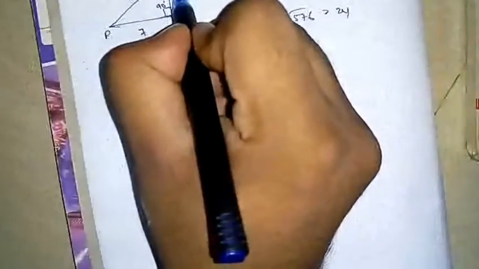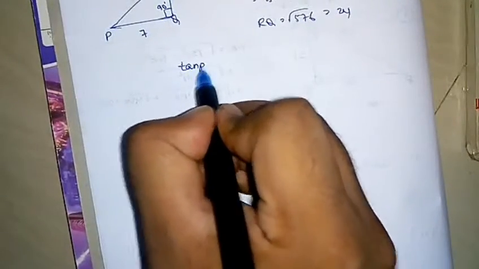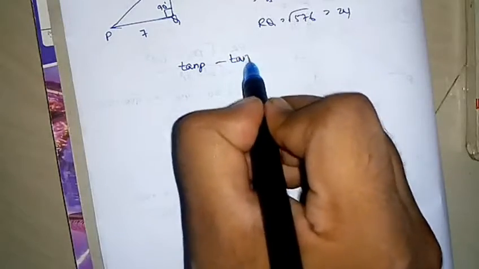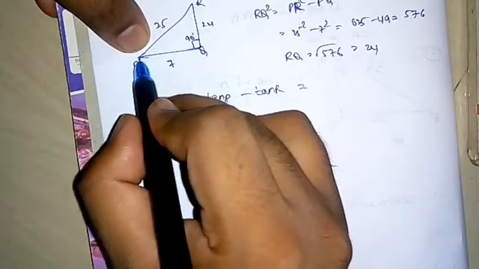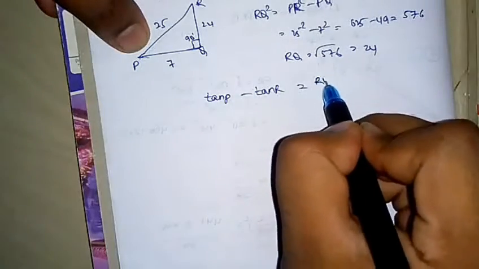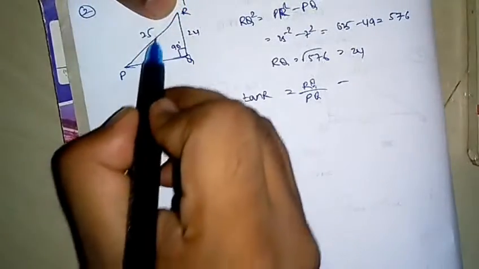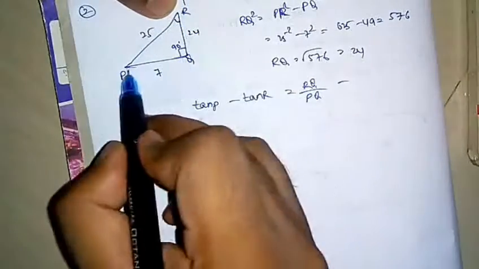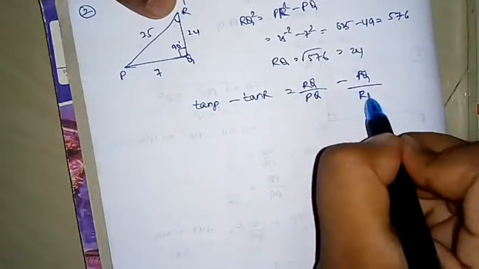Okay, this is 24. Now you are asked to find tan P minus tan R. Here tan P will be opposite side by adjacent, so it will be RQ by PQ minus tan R. Tan R will be opposite side PQ by adjacent side RQ.